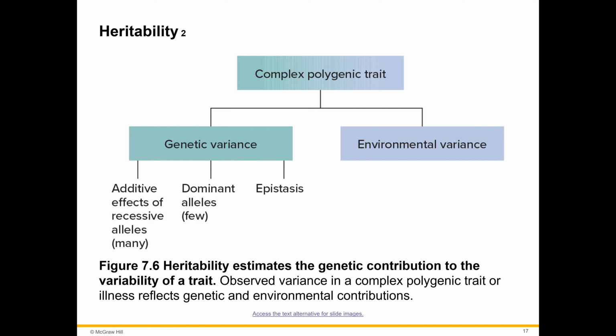Let's say we have 100 people, and we see if they have some illness within this population. That will be determined by genetic variance within these people and environmental variance where these people live.